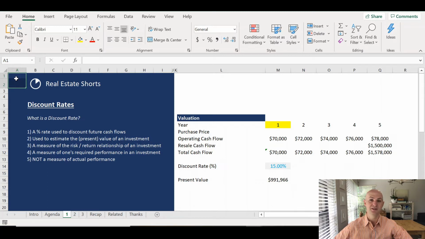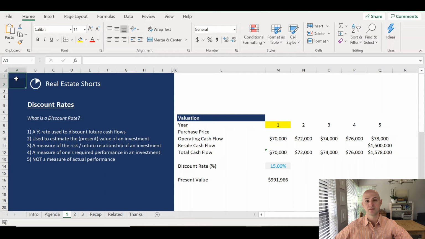The less risk, the lower the required rate of return. And I think this flows right into that concept of discount rate. The more risk implied in a deal or available in an opportunity, the higher the discount rate should be to compensate you for taking on that risk.